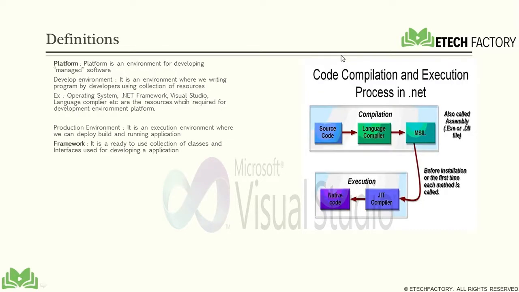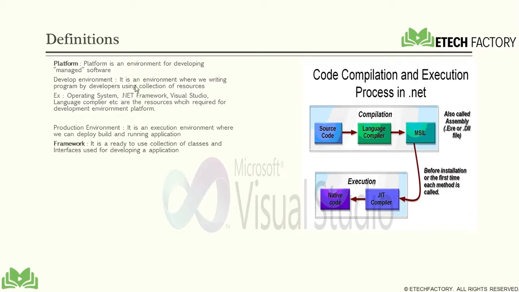Even before we go deep into the .NET framework in detail, I will explain two major terms which are used in the .NET framework. One is a platform, the other is the framework. A platform is an environment for developing and executing applications. There are two types of environment. One is the development environment, the other is the production environment.